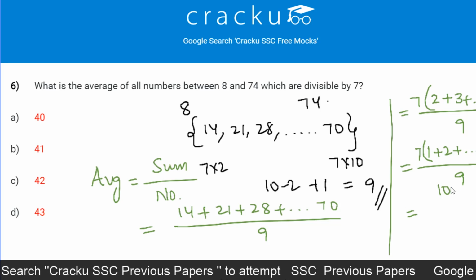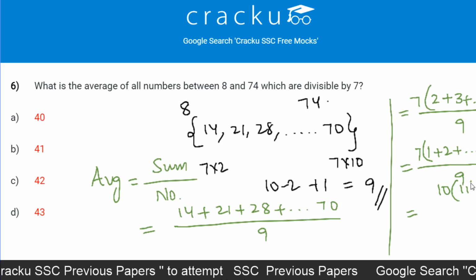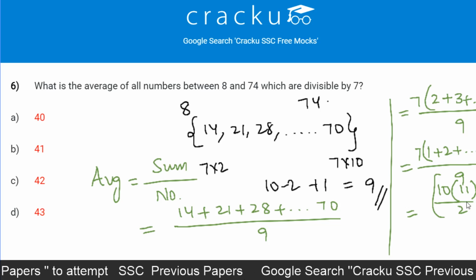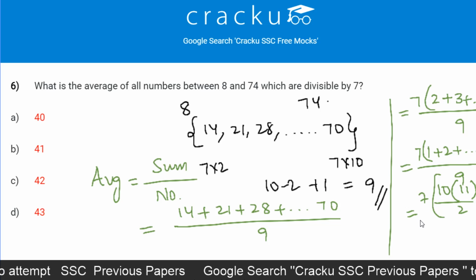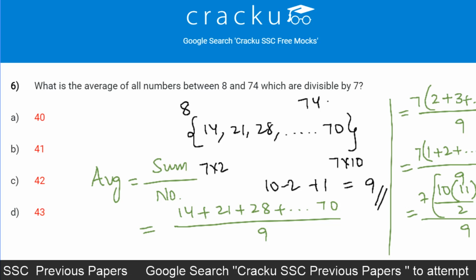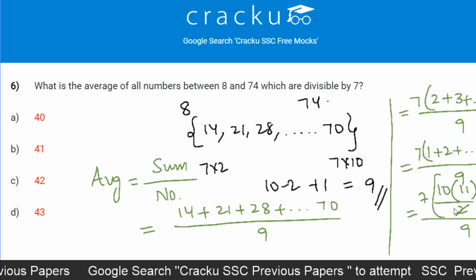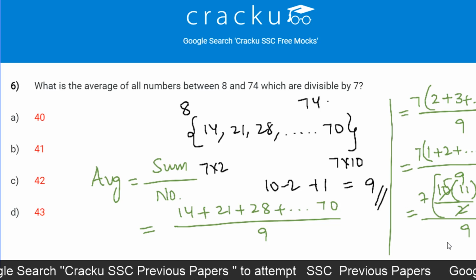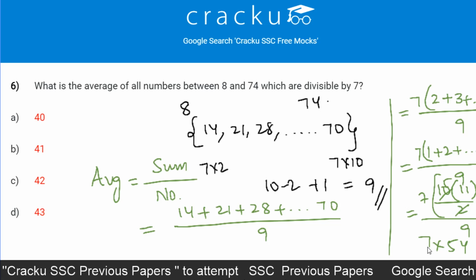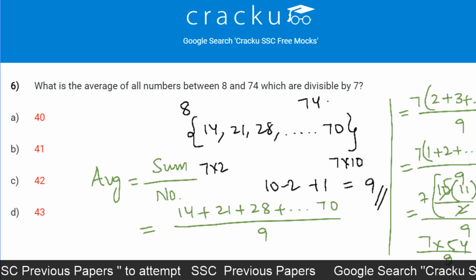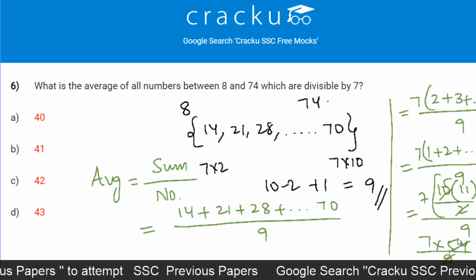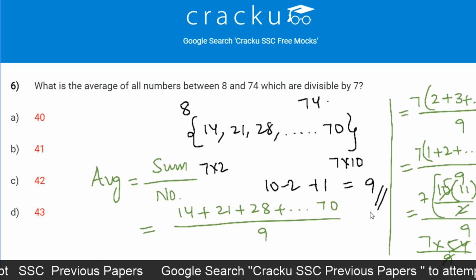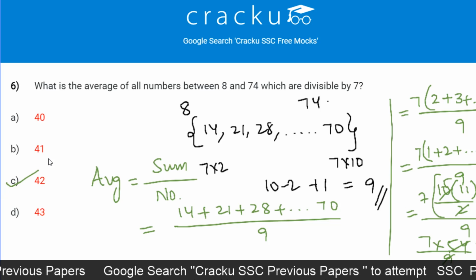So 10 into 10 plus 1, that is 11, by 2, minus 1. 5 11s are 55, minus 1, 54, into 7 by 9. 9 6s are 54. So the answer for this question is 7 into 6, that is 42, option C.